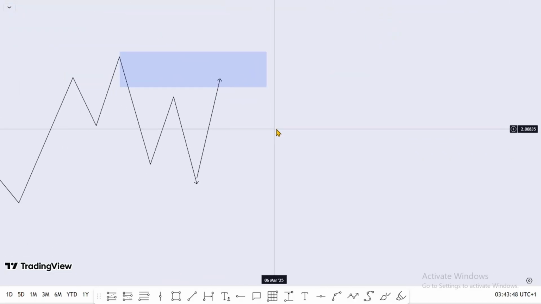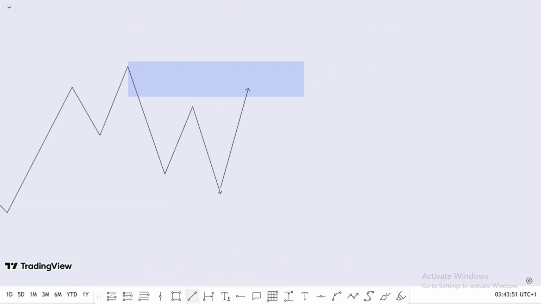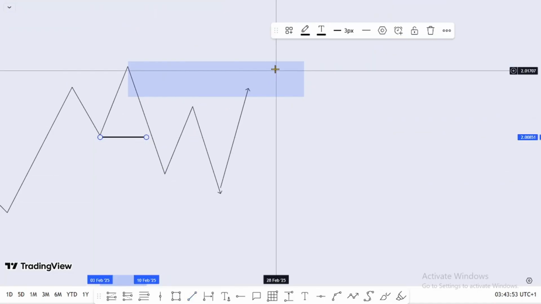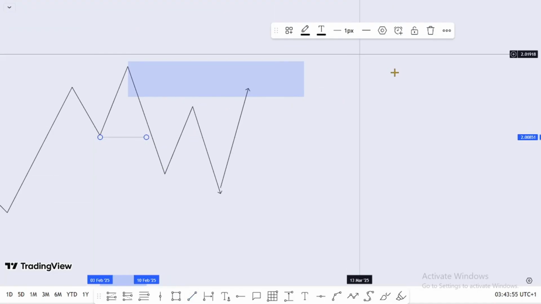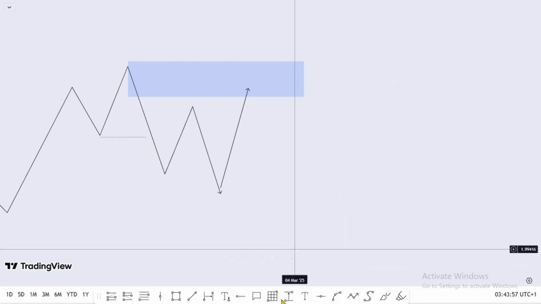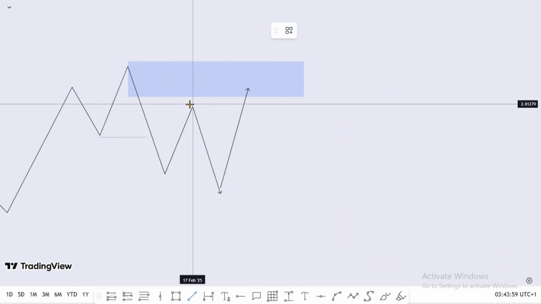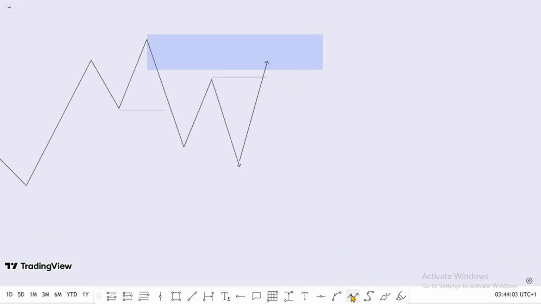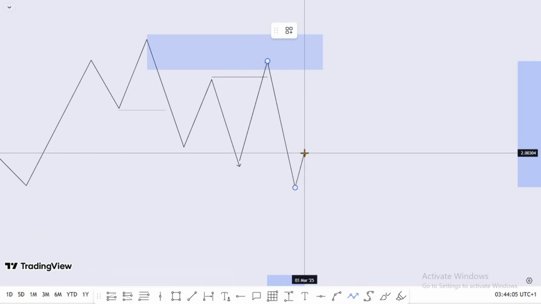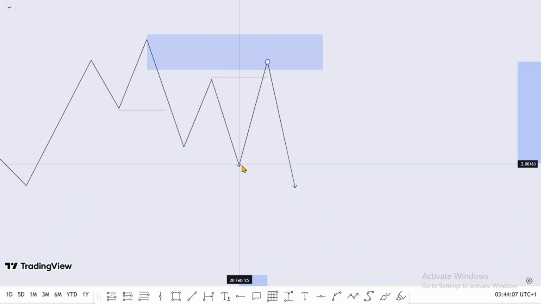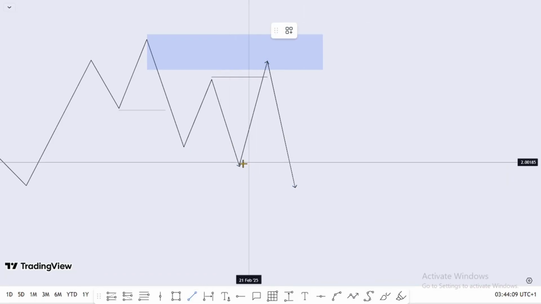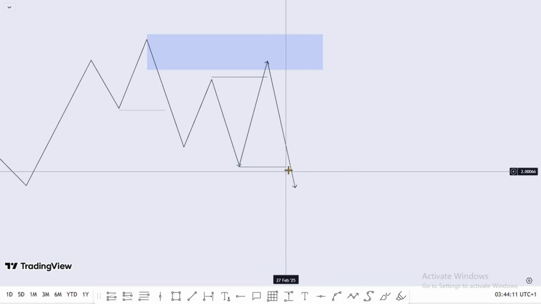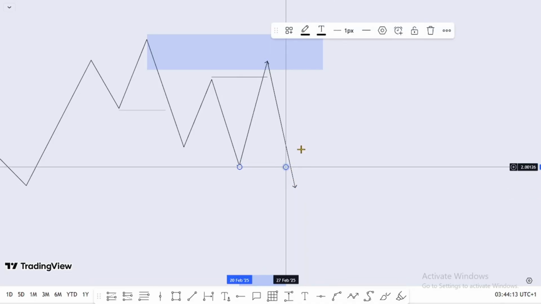As price taps into this place, we have our market structure shift at this zone. So as price taps into this place, sweeps this liquidity and taps into the other block, what are we expecting? We're expecting price to reverse and break this structure at this point, forming our next break of structure. This is what we are expecting, right?